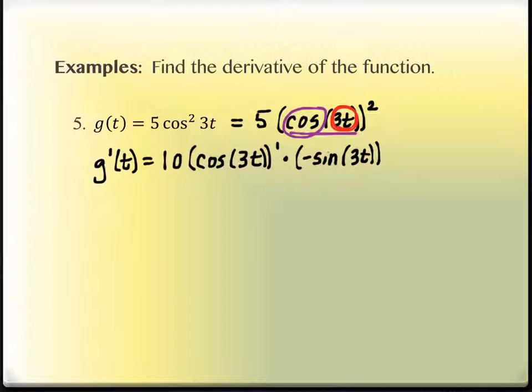And what is the derivative of 3t? 3. And we could stop there for the gateway, right? We should stop there for the gateway. We're going to clean it up some. We see this 10, we see this negative, and we see this 3. We're going to multiply all those together. And what are we going to get? Negative 30.